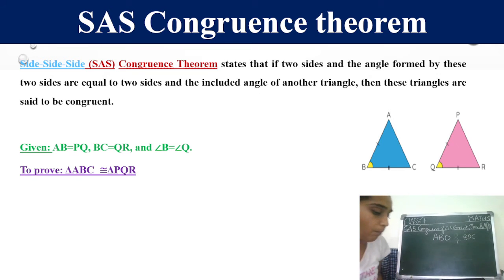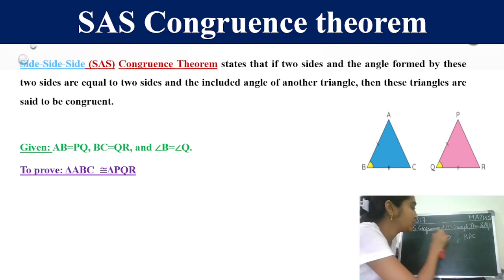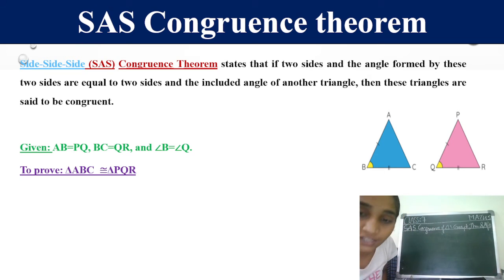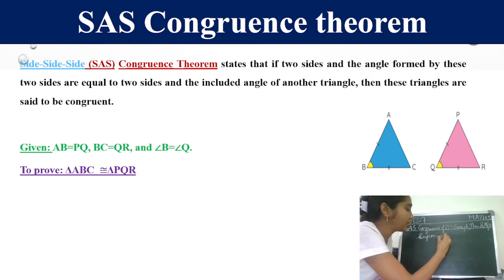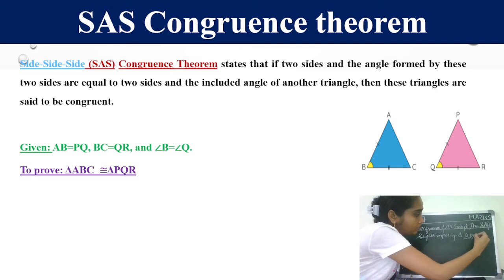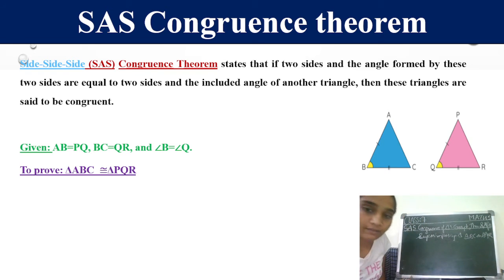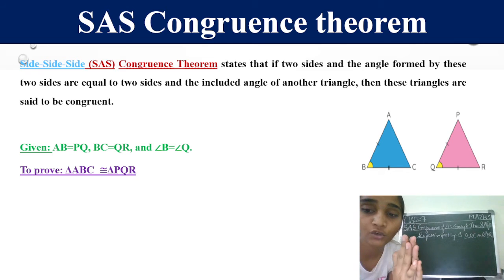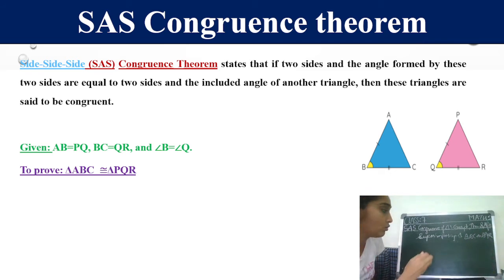Similarly, we can try to superimpose one triangle on the other. Superimposing triangle ABC on PQR, what will we get? Now PQ will be hidden by AB, so we can say that AB lies on PQ.